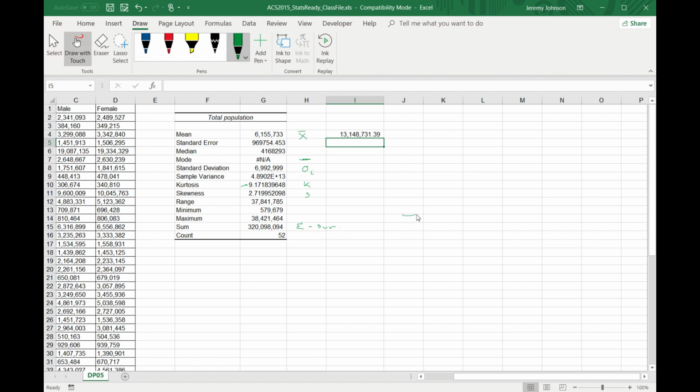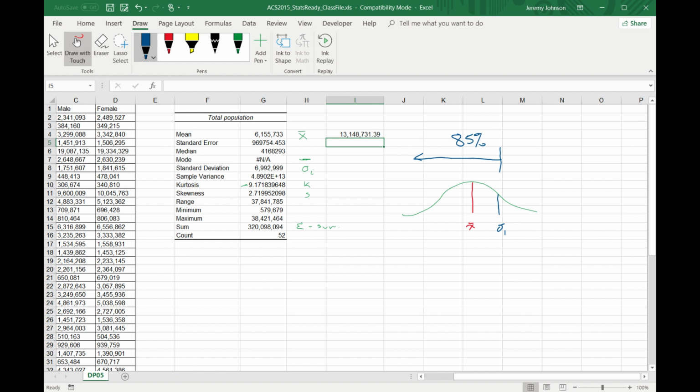So if we have a normal distribution, right, and we say that x bar is right here, and we say that x bar plus 1 standard deviation, that means that everything over here is approximately, it's really in the 84%, but it's approximately 85% of the data set.